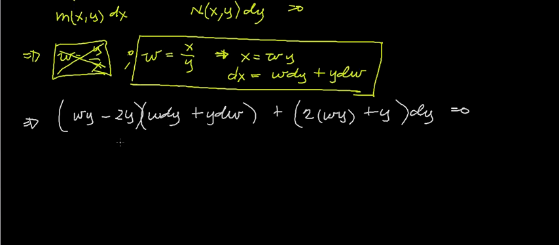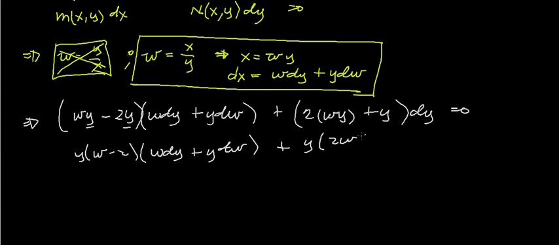So let's factor out y. We have (w - 2), and for this other term, let's also factor out y, (2w + 1) dy is equal to 0.